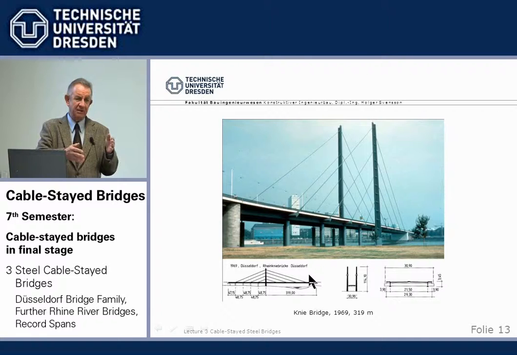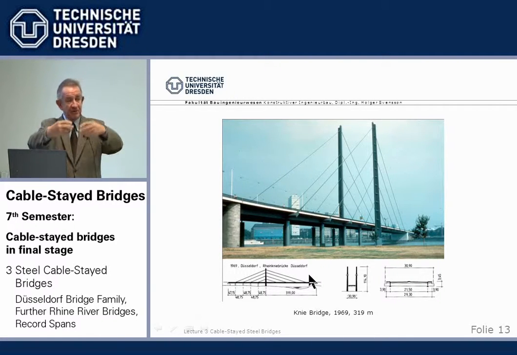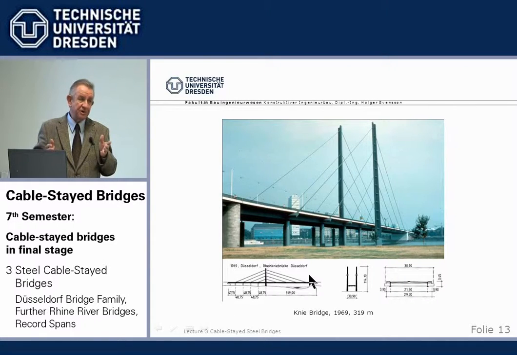But then it turned out that with heavy ship traffic, to protect this auxiliary pier against ship collision would have been so expensive that he said, we can't do it, we do free cantilevering, which is unheard of, 324 meters, which was unique. If you double the bridge, which would be the same structural effort, you come to 640 meters, which was only reached actually in 1995, I think, by Normandy, 30 years later. So that was an outstanding job these people did.